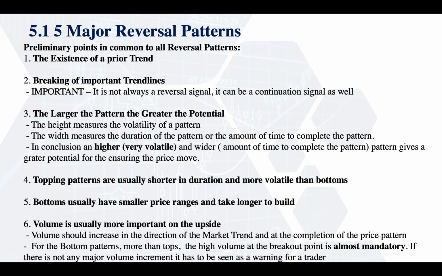Then there is a difference between top and bottom. The top patterns are generally more volatile and shorter than the bottom. The bottom will be wider than the top, with a small price range. And again, the volumes are very important, mainly for the bottom reversal, because it's easier for a price to drop, to fall.